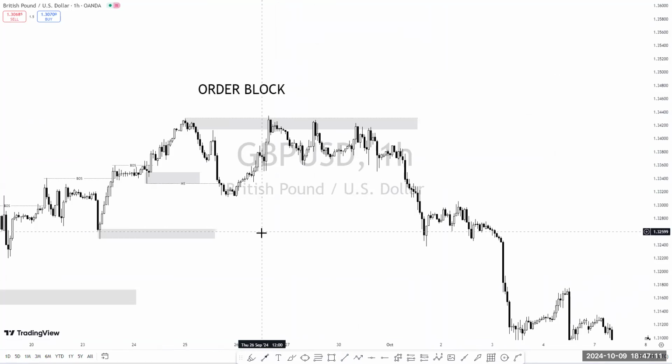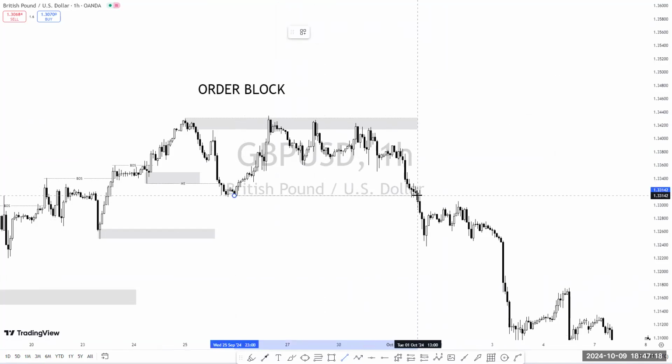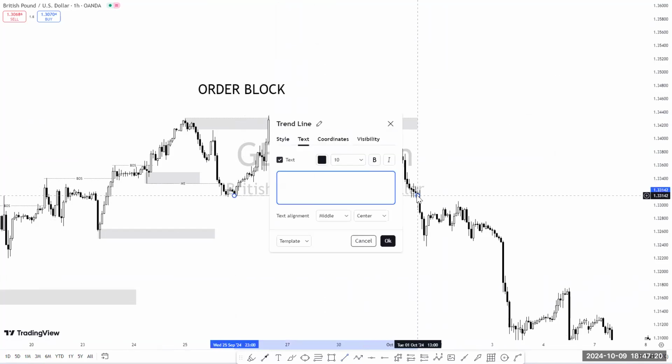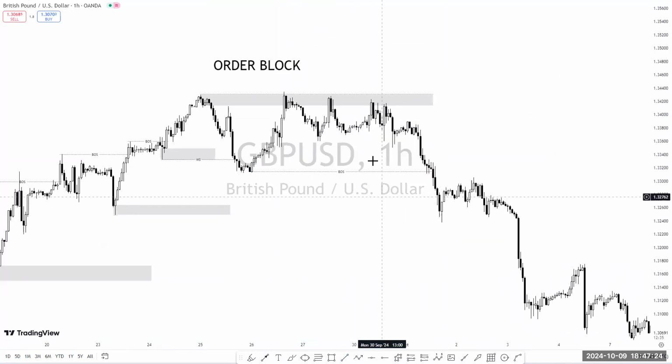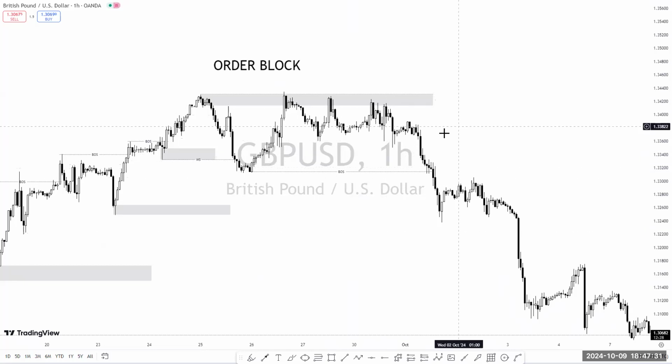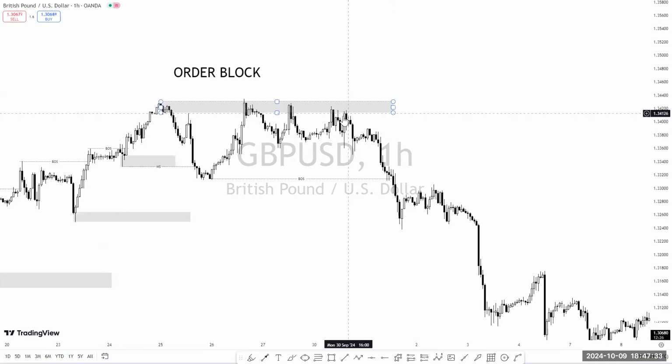Now, what's next? We now have a break of structure. This is the break of structure. Remember, if you are marking your break of structure, you mark from wick to wick. All right, so now we have a break of structure. So now, which particular order block broke this structure? Right? So this is the order block.